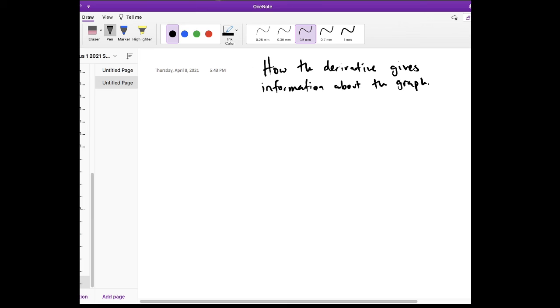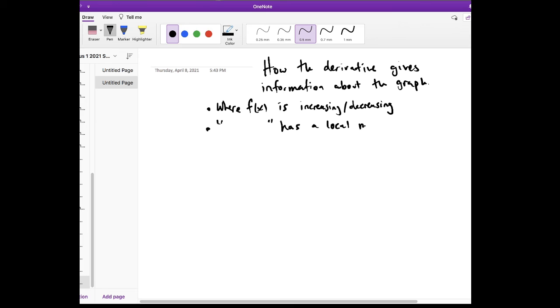All right, so some of the tools that we're going to be doing today is we're going to use the derivative to determine where f is increasing or decreasing. We're going to see where f has a local max or min.